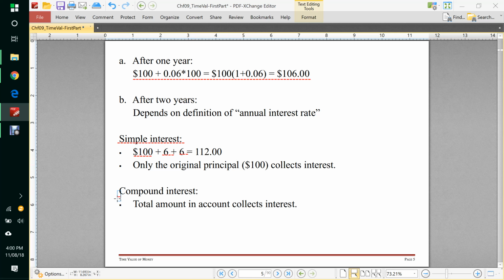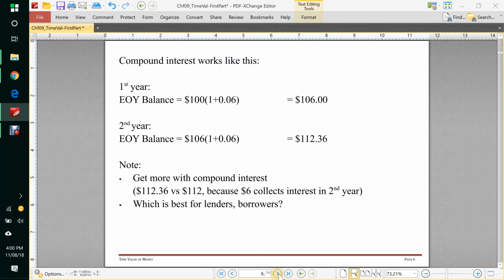Much more common are contractual frameworks made of what we call compound interest. In compound interest frameworks, the total amount in an account collects interest. So let's see how that works. After 1 year, EOI stands for end of year, the end of year balance is just what we saw before, $106.